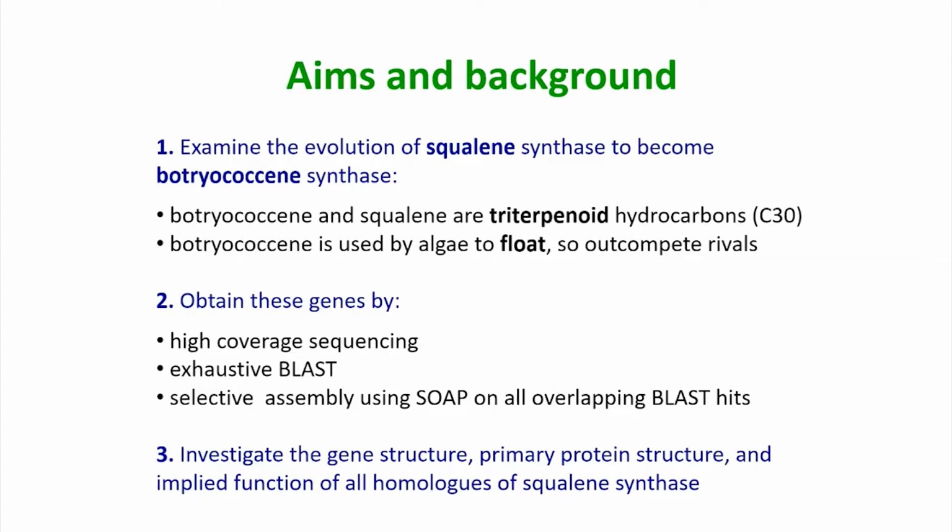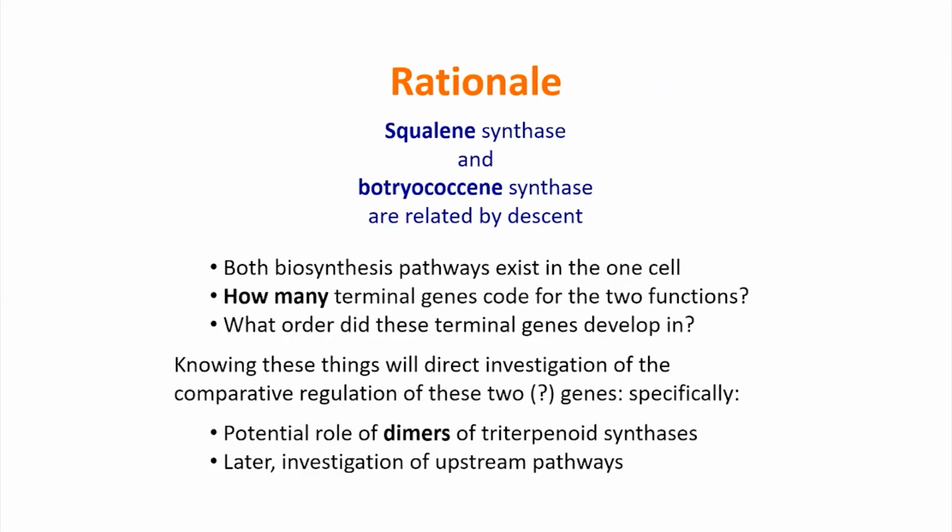So we aimed to obtain the genes, botryococcene and squalene synthase, by high coverage sequencing around 100x, exhaustive iterative blasting, and then selective assembly using SOAP on all of those hits to investigate a bunch of things: the gene number, structure, protein structure, and implied function of all those homologs.